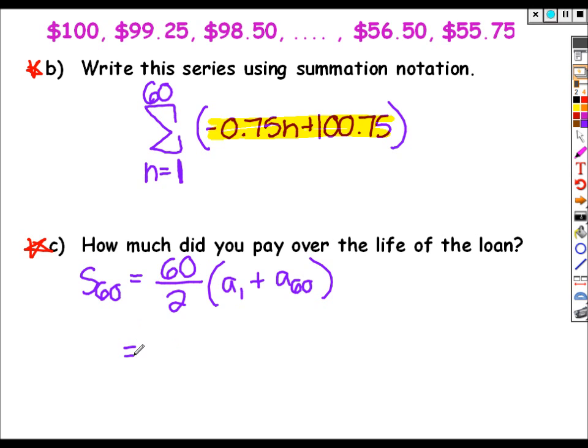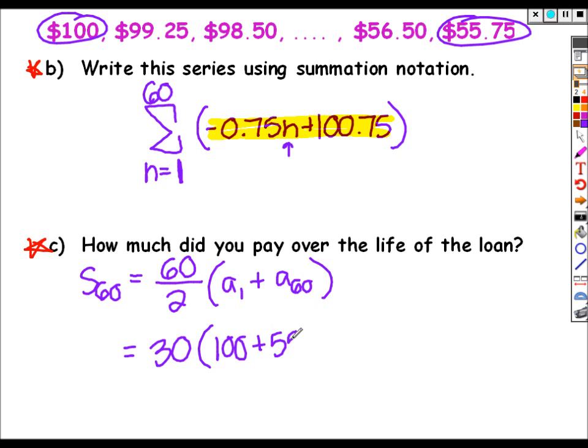So to find the sum of the first 60 terms, I can pair them off. There would be 30 pairs. Each of those pairs should add to, if I take the first term, so I could plug in 1 for n into my explicit formula, or this is a sub 1, right? You already know it, 100. And then I want to add on a sub 60. Well, that's the value of the 60th term.